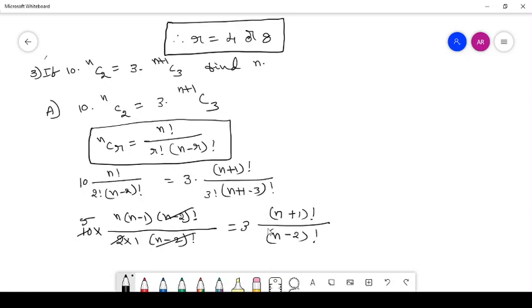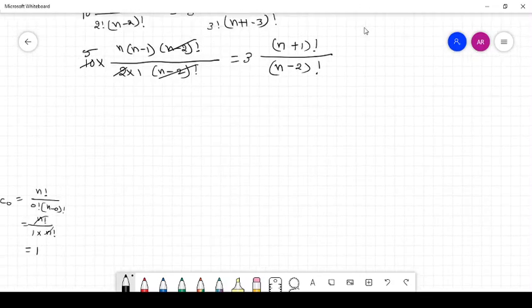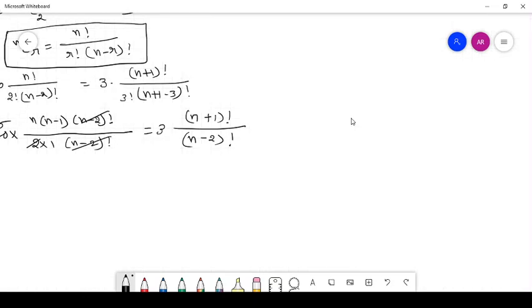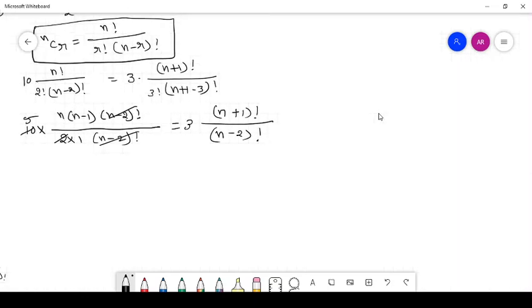So the LHS value is 5 into (n minus 1). Here 3 factorial is nothing but 3 into 2.